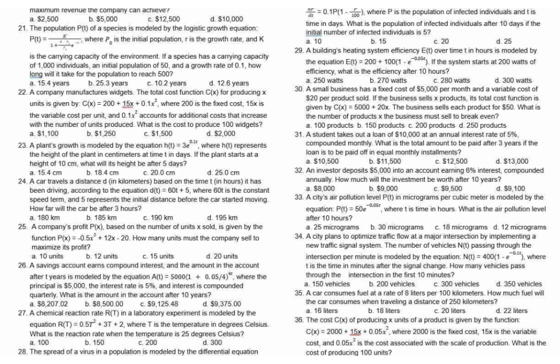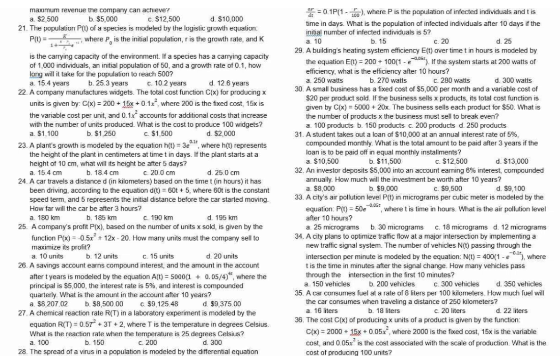And number 23. A plant's growth is modeled by the equation h of t is equal to 3e raised to the power of 0.1t, where h of t represents the height of the plant in centimeters at time t in days. If the plant starts at a height of 10 centimeters, what will the height be after 5 days?